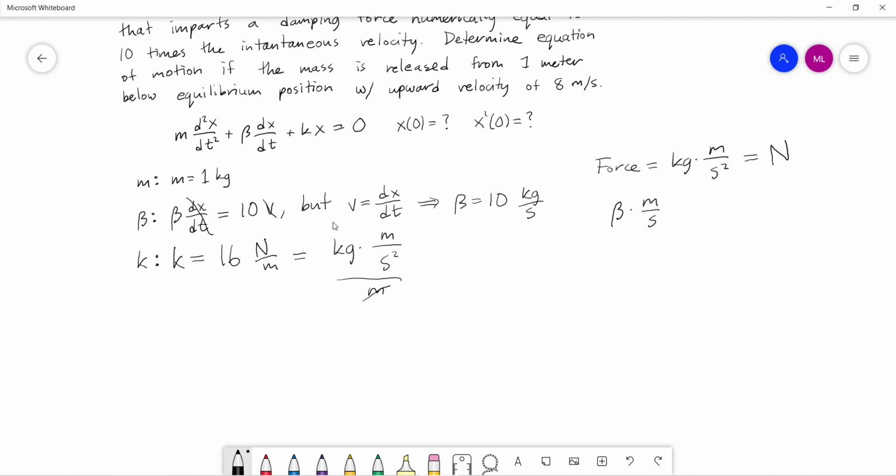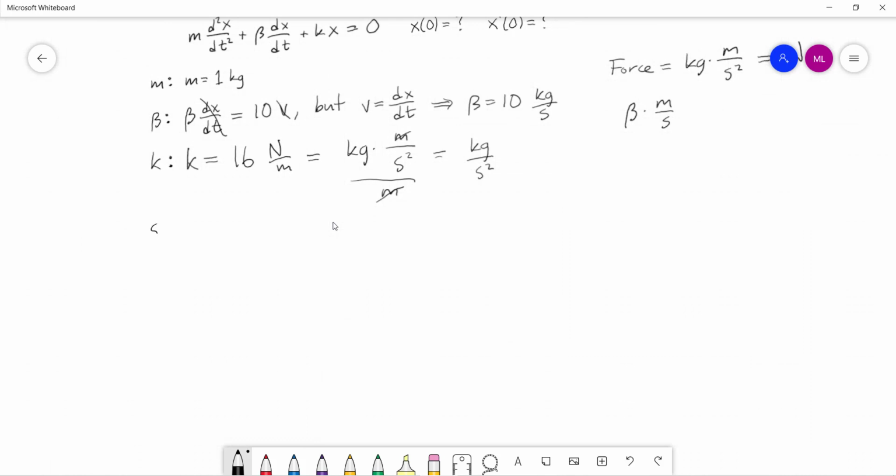That gives us kilograms per second squared as another way of giving the units of our spring constant. So m was equal to 1, and we just have d squared x/dt squared plus 10 dx/dt plus 16x equals 0. There's our equation.